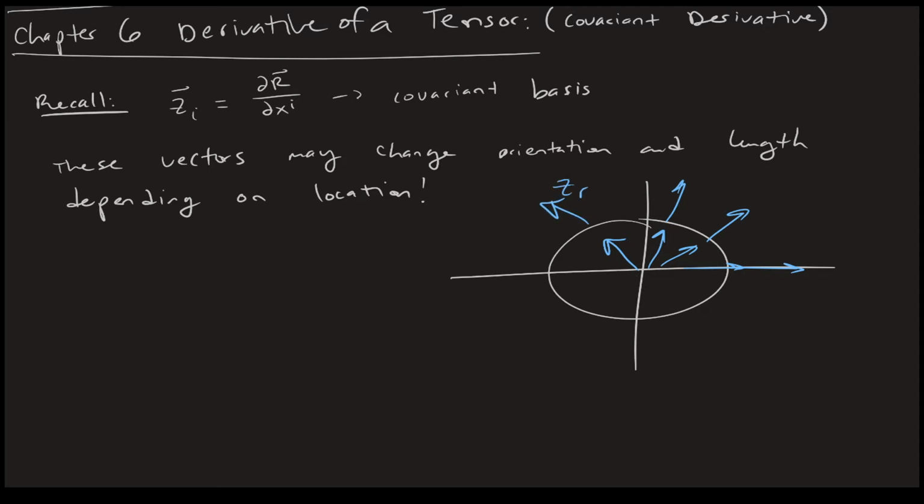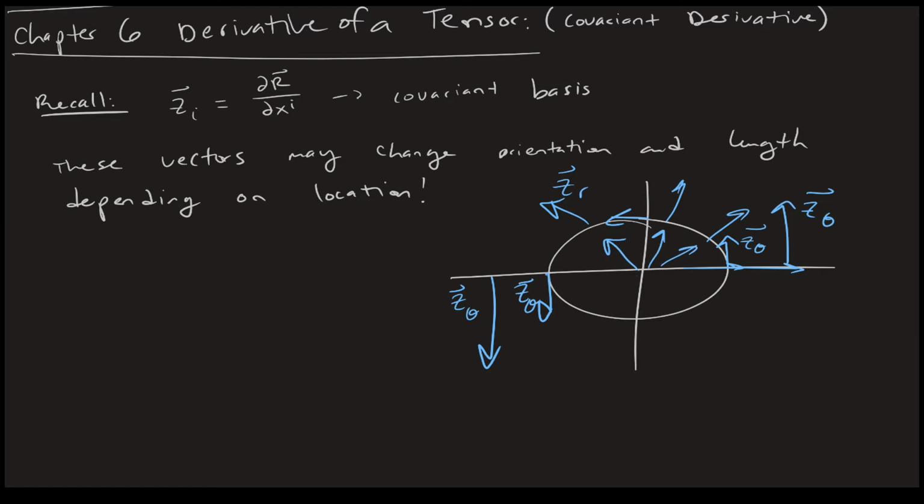So that's Z_r. And Z_theta goes around the circle like this, and it actually gets longer if you don't normalize it. So our basis vectors might change their orientation and their length throughout the space.